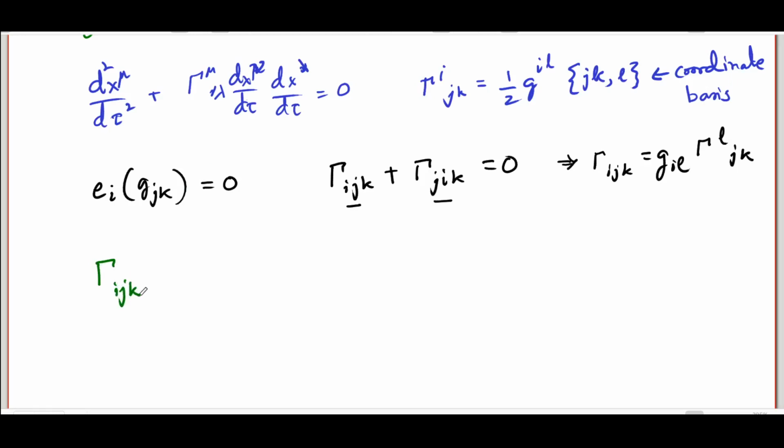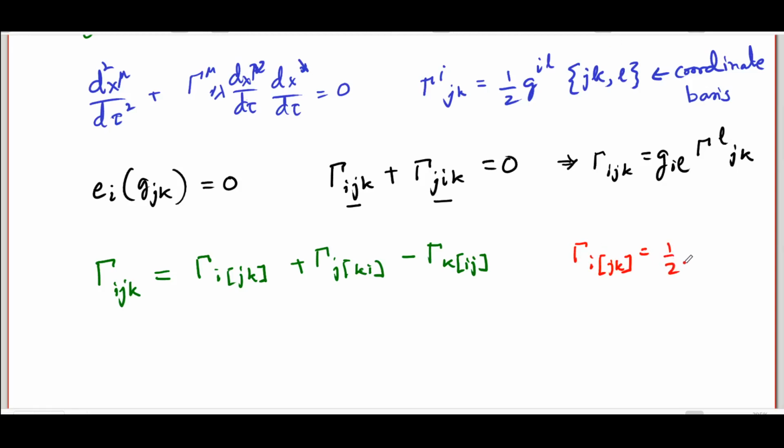Gamma ijk, these lowered index Christoffel symbols or connection coefficients, is going to be a combination of this kind, plus gamma j ki, minus gamma k ij. Of course, what exactly are these with square brackets? Now that's a pretty standard notation. Gamma i[jk] is half of gamma i jk minus gamma i kj.